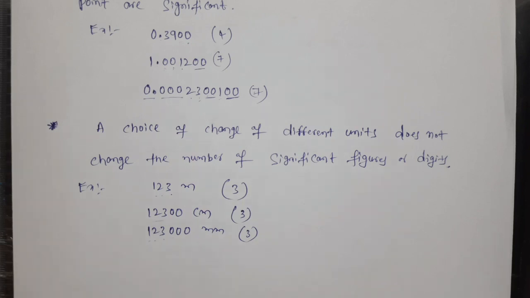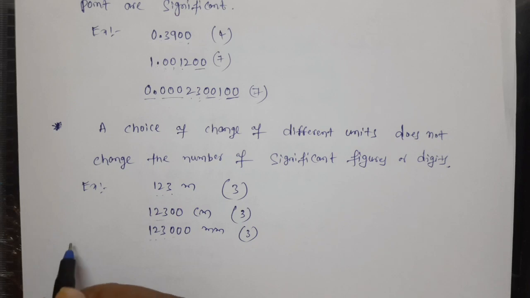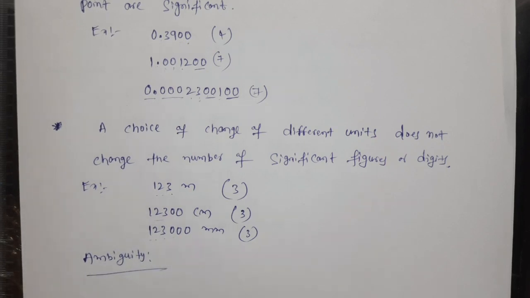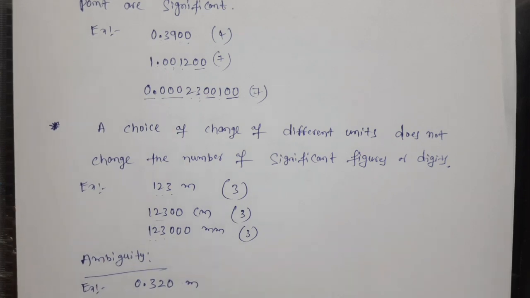But here, in some cases, there will be ambiguity. I will tell you what that ambiguity is. Suppose I have a number, for example 0.320 meters. I have a measurement, the value is 0.320 meters.